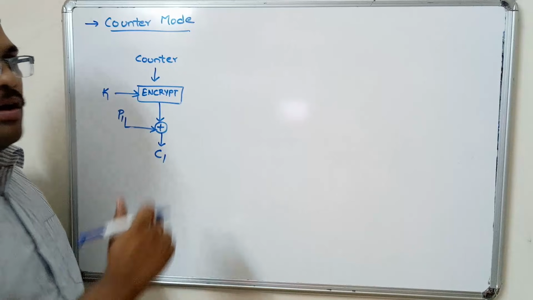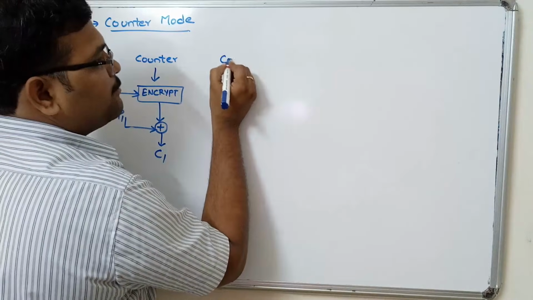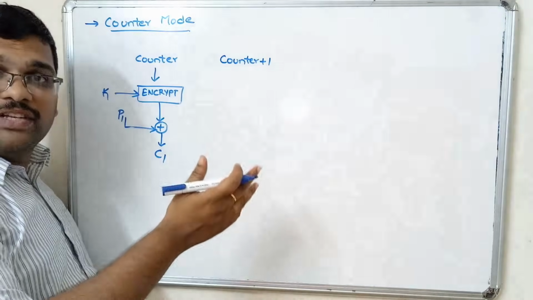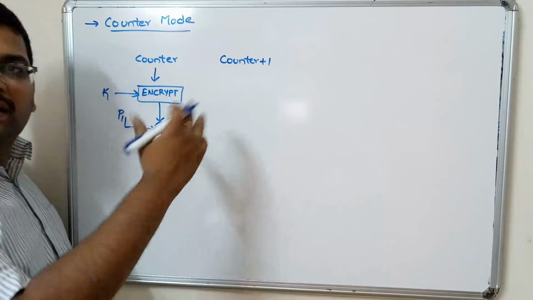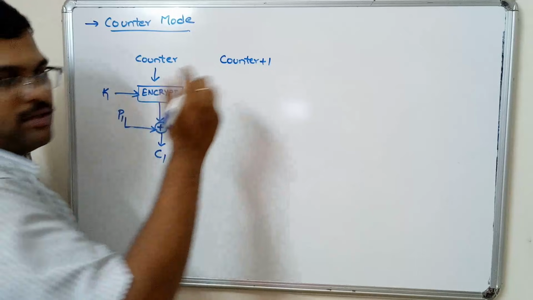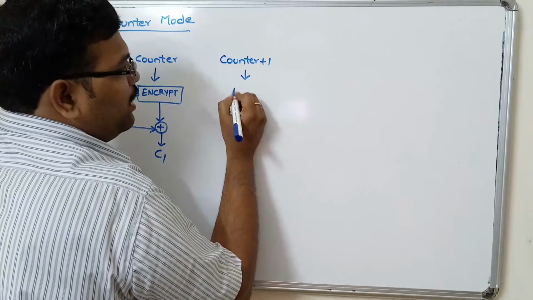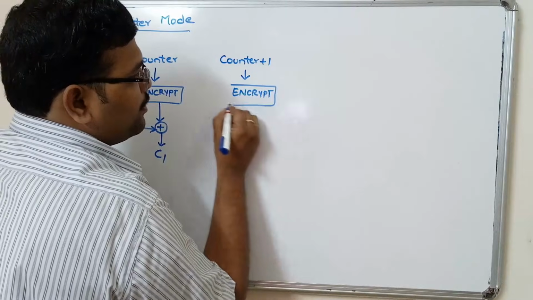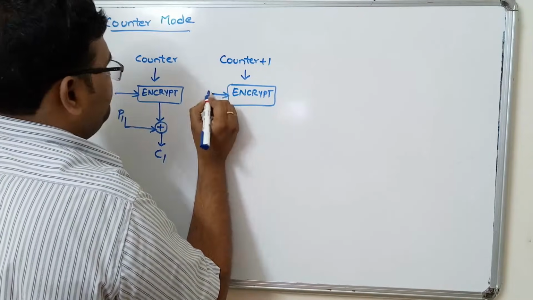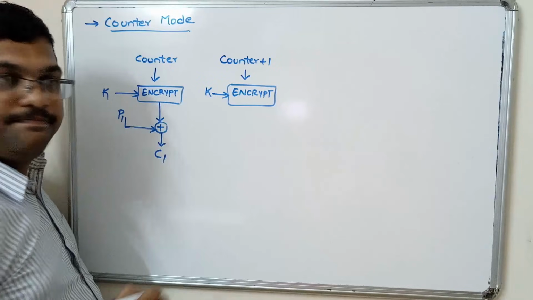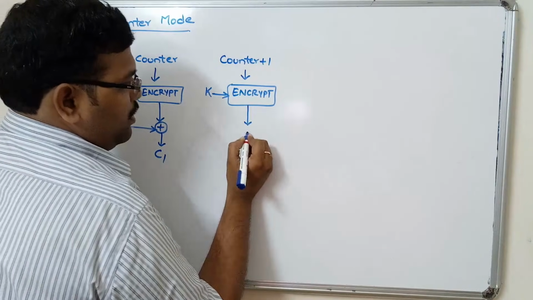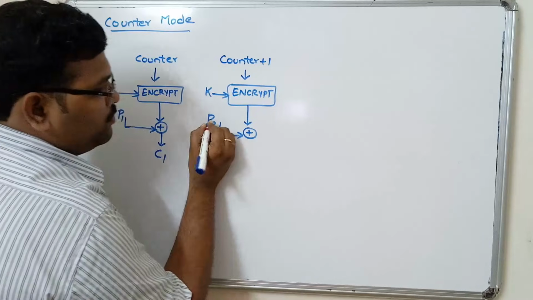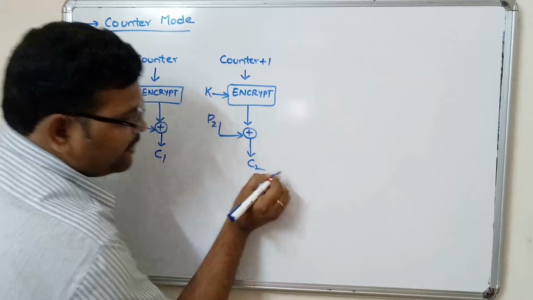For the second block, just increment this counter by 1. So the counter value is incremented by 1, and we apply the same encryption with the key k, XOR with plain text 2, so that we will get ciphertext 2.